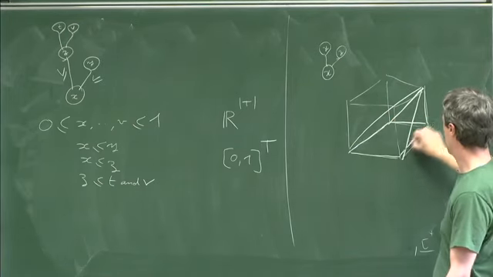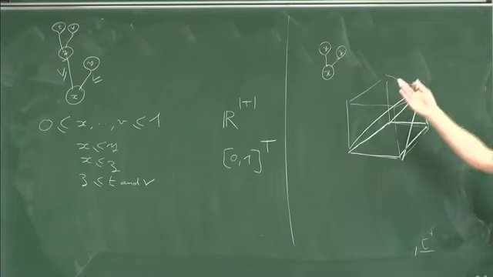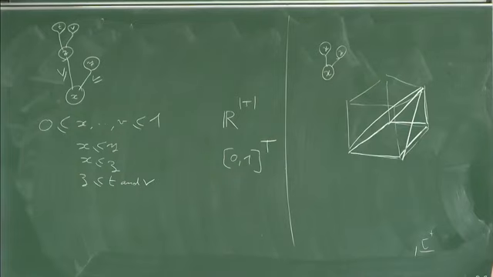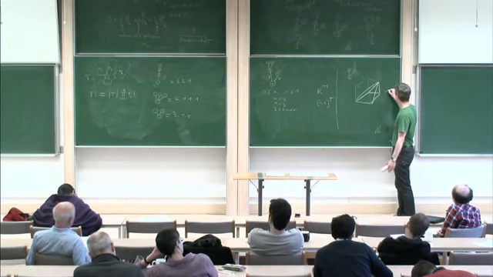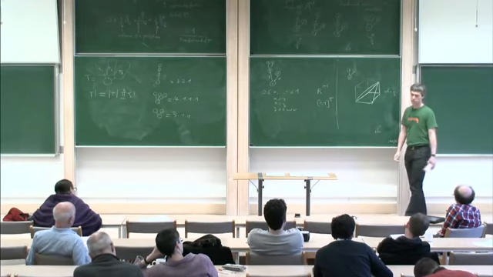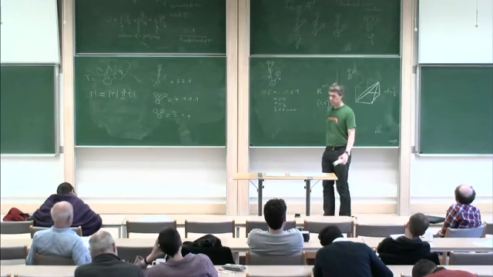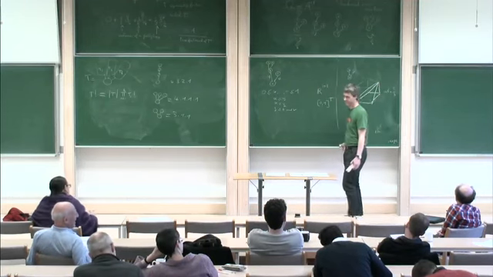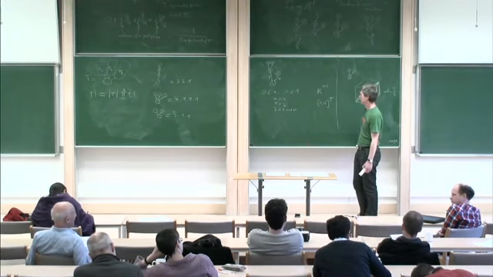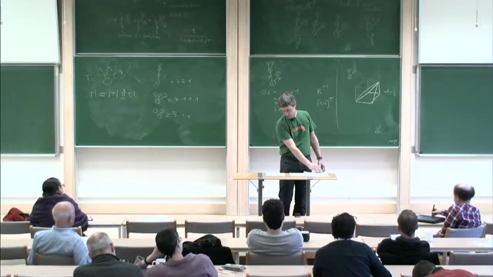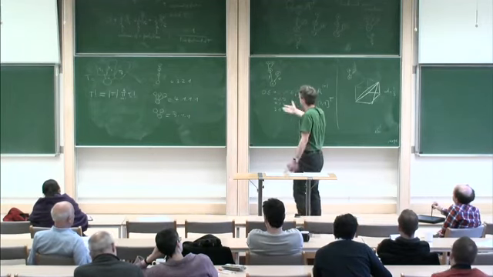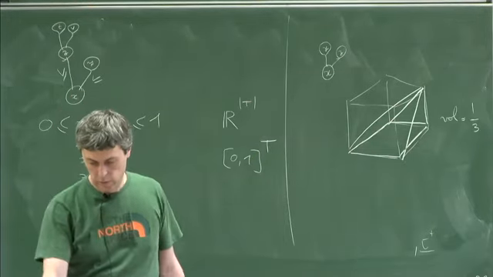Well, maybe I'm mixing the x and the y, but it's a pyramid with a square base. And what's the volume of that pyramid? It's a unit square base, and we have a formula, so its volume is 1/3. It's the same 1/3 as before. So in some sense, these formulas are fun, but it's very classical.